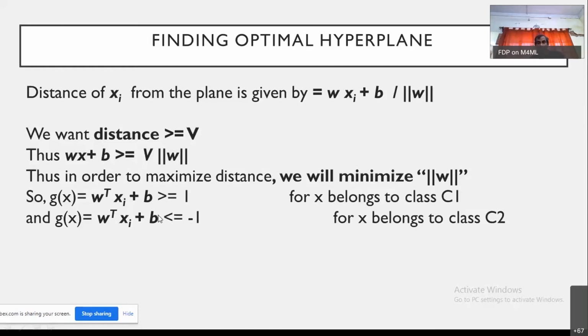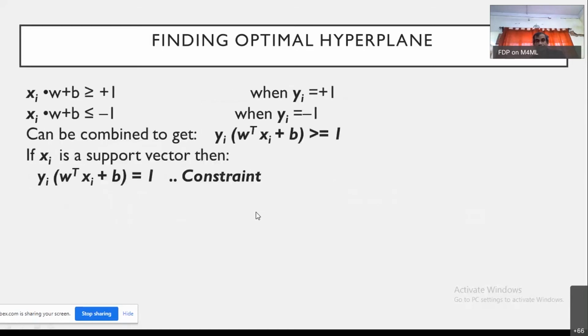So these are the two boundary separators for belonging to class number 1 and class number 2. One class is represented by plus 1 and the other by minus 1 for simplicity of the mathematical formulation. Usually we say one class 1, another class 0, but for this particular case one class is 1 and another class is minus 1, because this will help us simplify the mathematics.